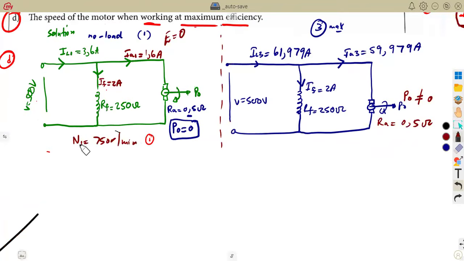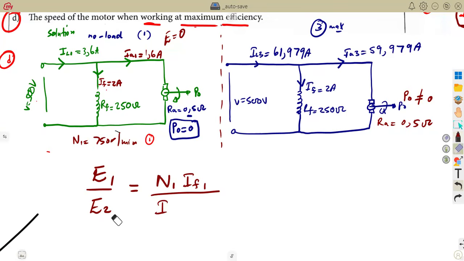So comparing these two now, I have the initial one and this one at maximum efficiency. We can determine the speed. Remember, we substitute into this formula E1 over E2 in terms of the speed, taking that the flux is proportional to the field current. We can use N1, field current 1 over... this one cannot be 2 because it's now at maximum, where we are using the subscript 3.